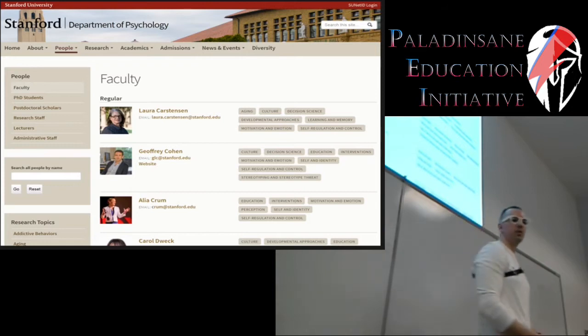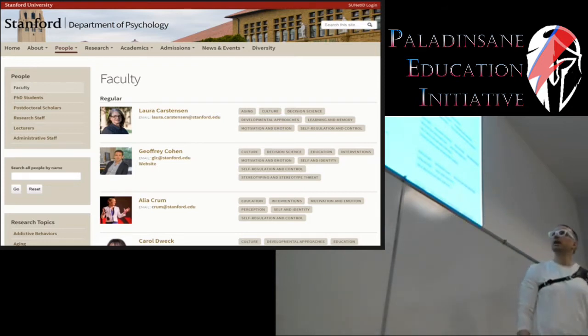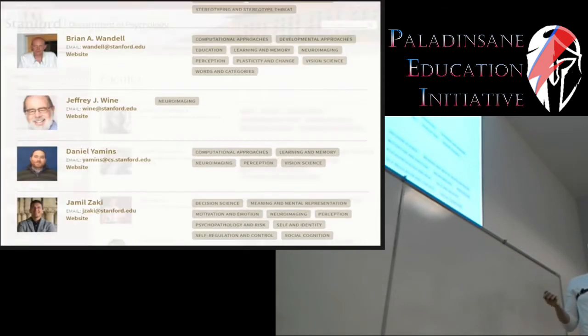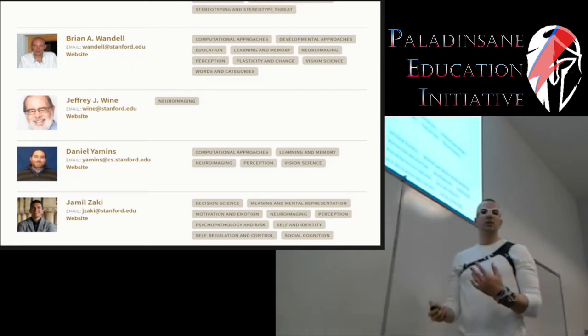For example, if you were thinking of going to Stanford, you might visit the faculty page on Stanford and then look up the information for somebody that you're interested in. If I was on this one, I might, as I was reading through, come across Jamil Zaki and see that he does decision science, meaning and mental representation, perception, all things that I am also interested in.